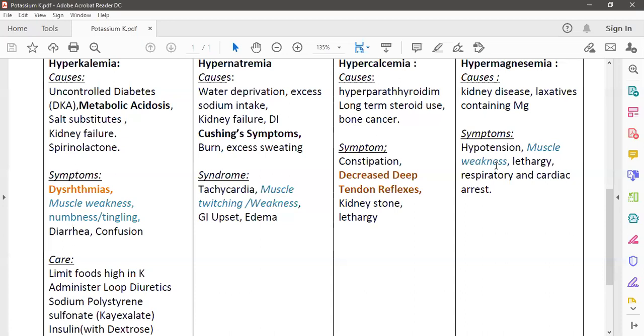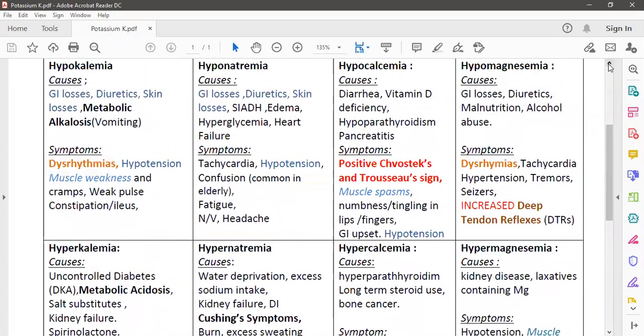Also monitor the lab results, encourage fluid intake as prescribed, and restrict salt and foods high in sodium. What else?